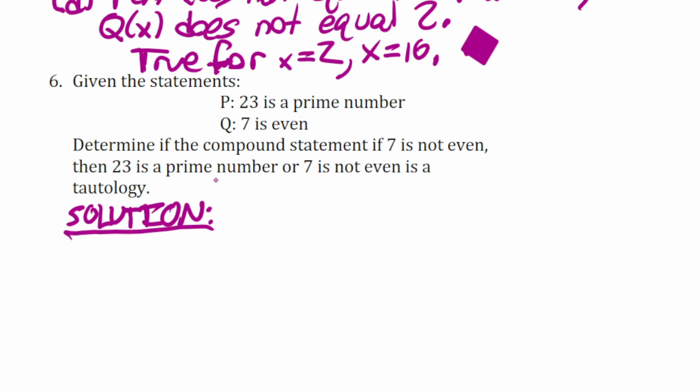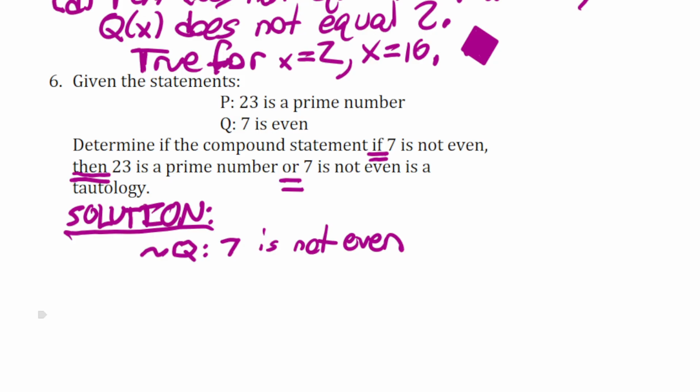Well, Q is 7 is even, so 7 is not even. That's not Q. And then we have, then 23 is a prime number, or 7 is not even. Well, remember the word or implies a disjunction. And also, we have the words if and then. If you remember going back to the lectures, that states an implication.